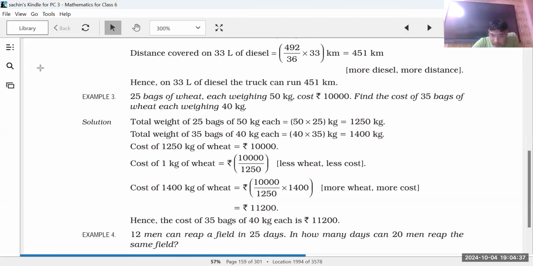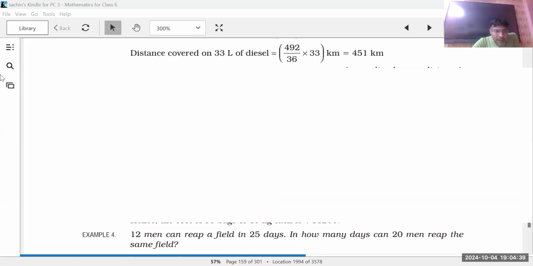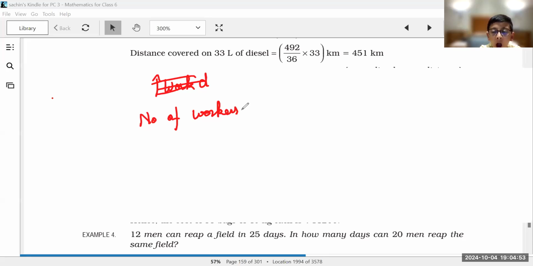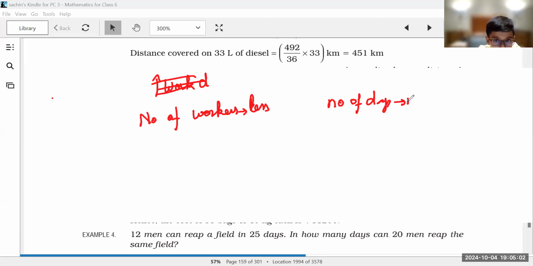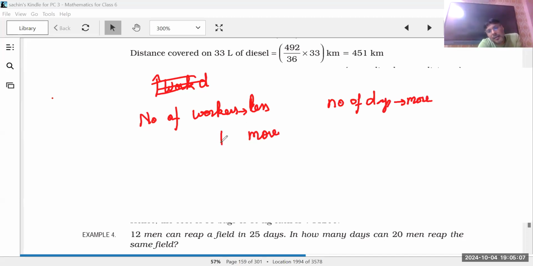Examples of this are in work done or food consumption. Look guys, what will happen? Work done is the same, if the number of workers are less, then the number of days will be more or less? More. But if workers increase, the number of days will decrease.